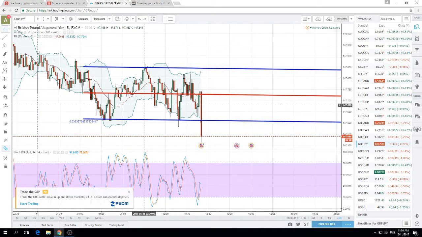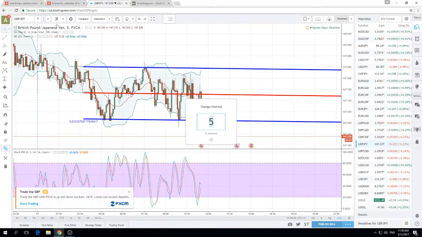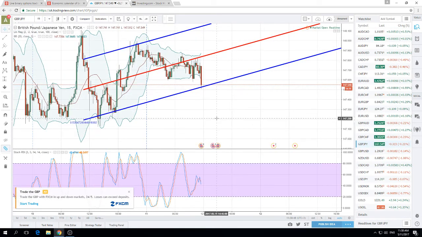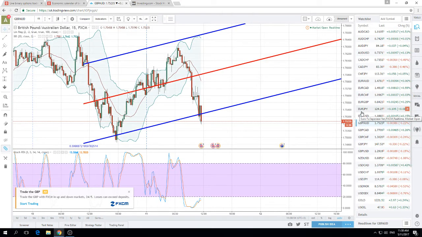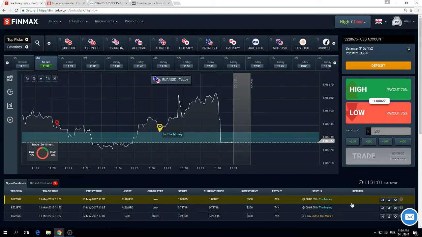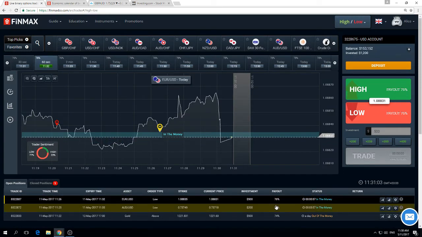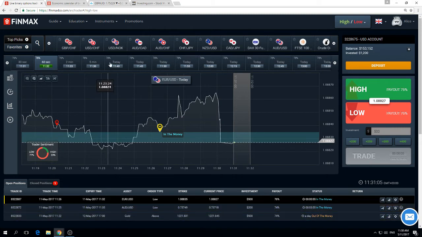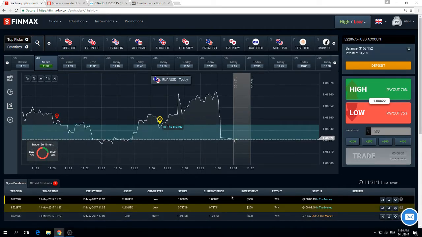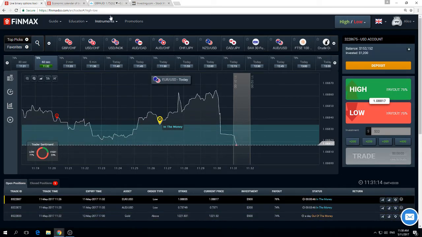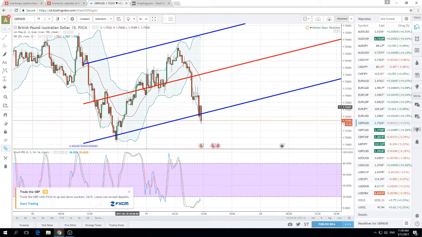So we see currently the result of this on the market, the influence. We see that the British pound started to lose its strength within even the short limits, and thanks to that, the euro also went down. So it may influence our trade to expire in the money.